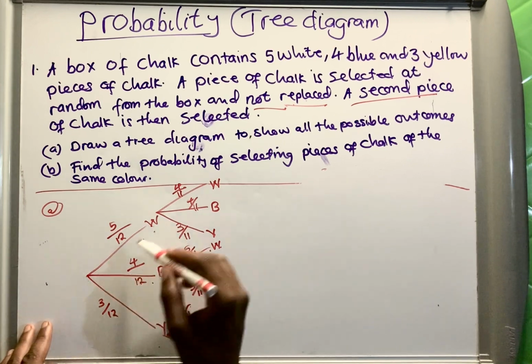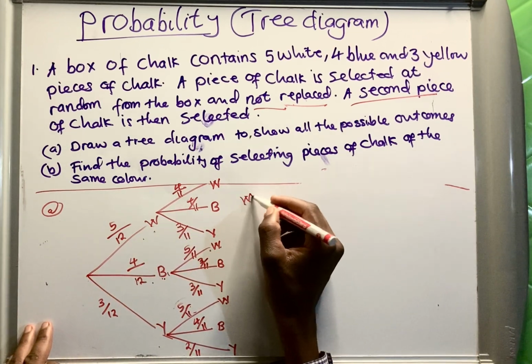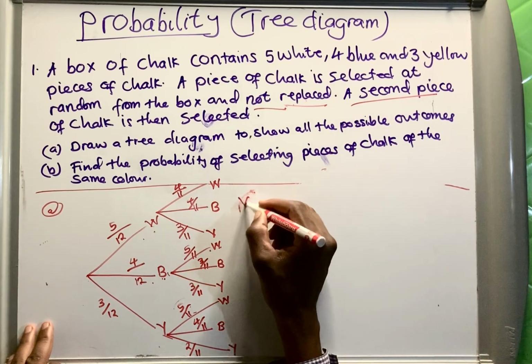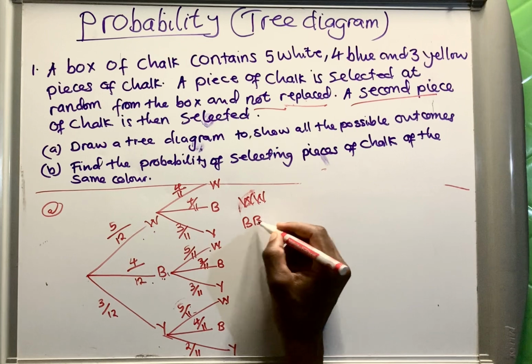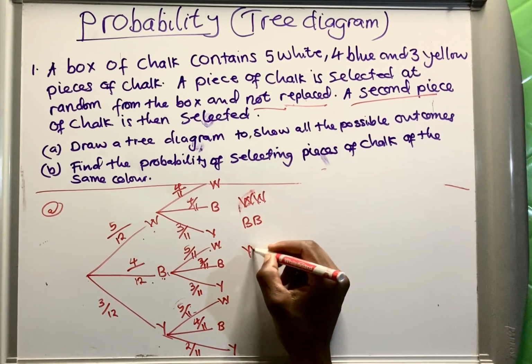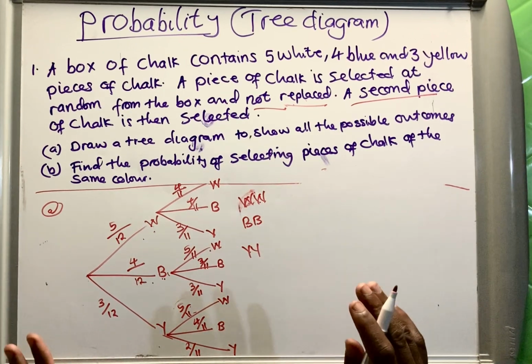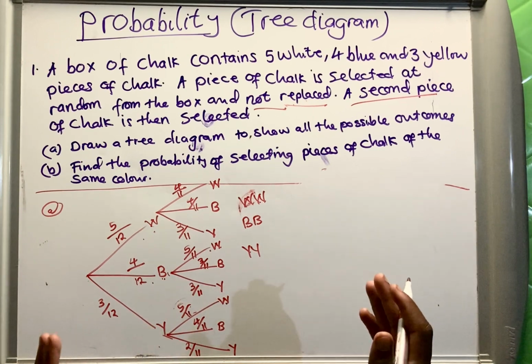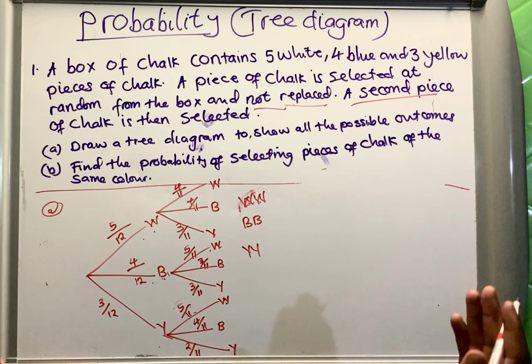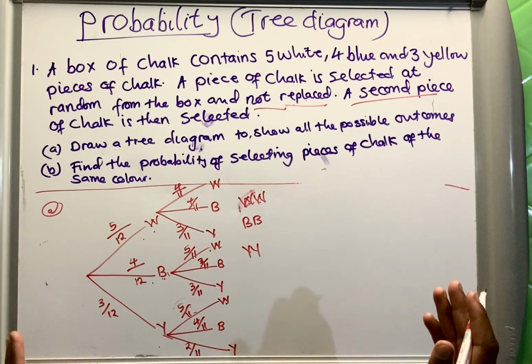The first part, white, you can see that, white. We also have the second part, which is blue, and we also have the yellow. These are probabilities of picking the same color. Now we have 3 different colors here, so we need to find one answer, not 3 answers.